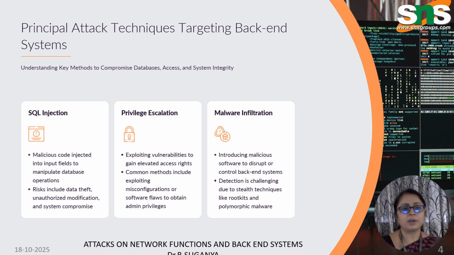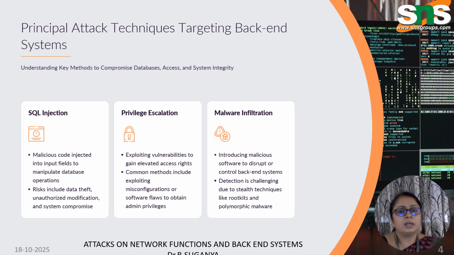Privilege escalation exploits vulnerabilities to gain elevated access rights, and common methods include exploiting misconfigurations to obtain admin privileges. For malware infiltration, detection is challenging due to stealth techniques like rootkits and polymorphic malware. So these are the three things. Malware, we know, is like a virus that will be hacking the whole software system.